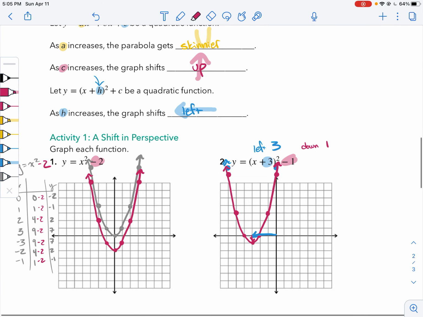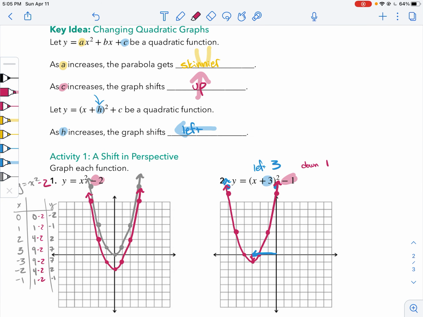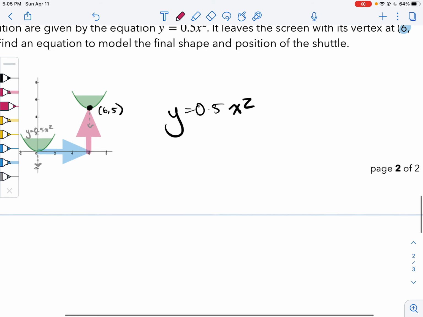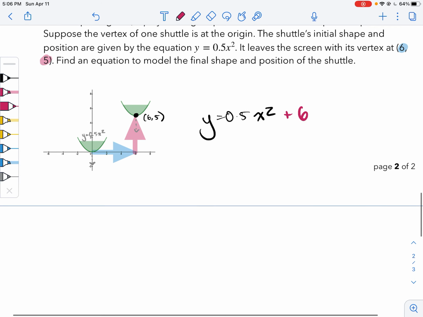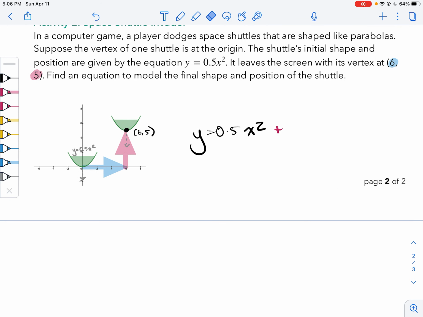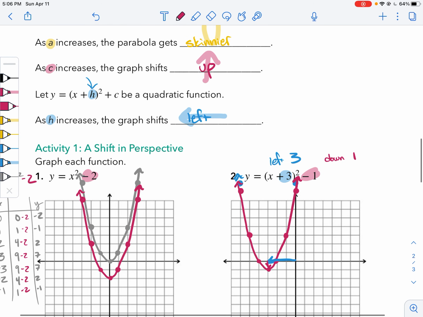Now, how can we make that change? If we want to go up 5, then we need to just add a 5 at the end. So we would do a plus 5. But now we want to shift not to the left, we want to go to the right 6. So that means we need to have a negative 6 inside of our square.